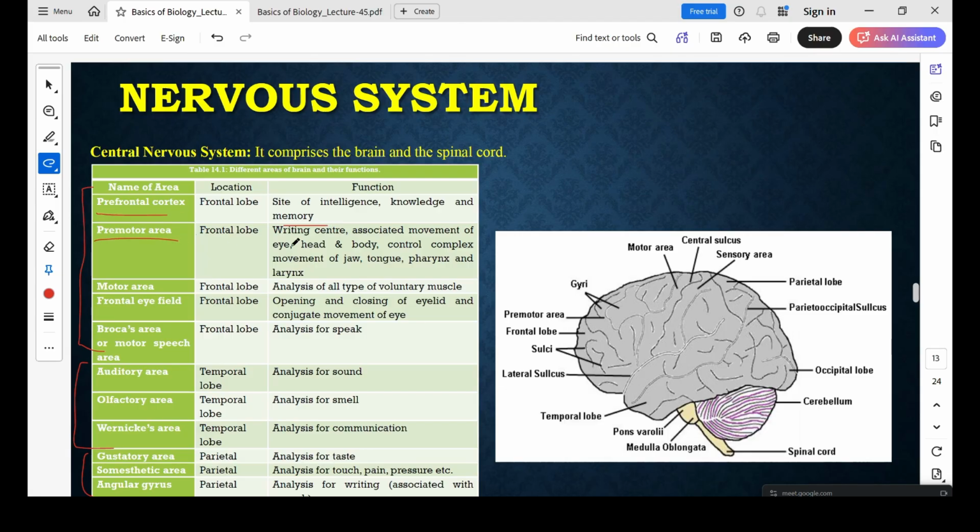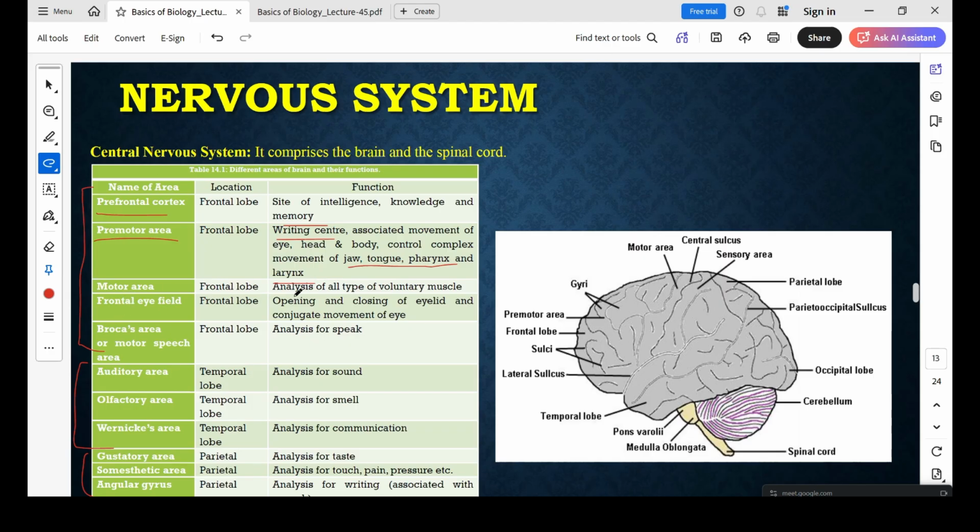The premotor area is responsible for writing, as movement of head, eye, body, complex movement of jaw, tongue, larynx, etc. And this is the area that also allows for speech to some extent, because it controls the jaw, tongue, and pharynx.